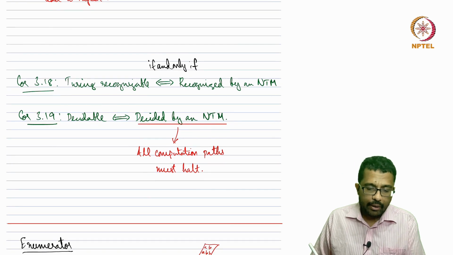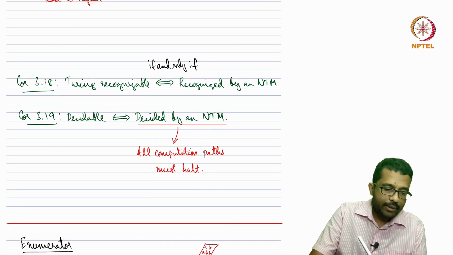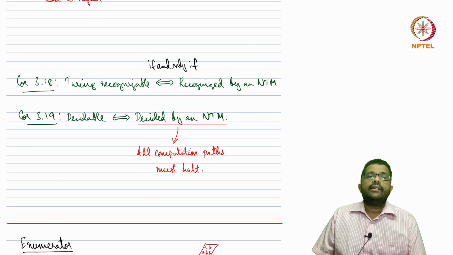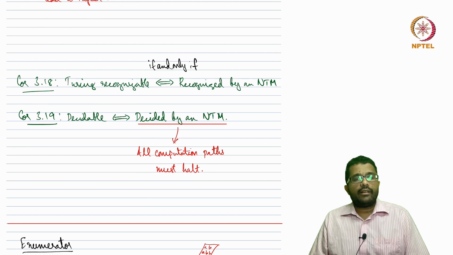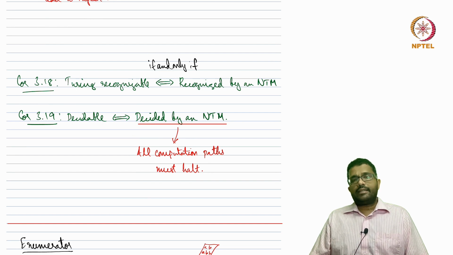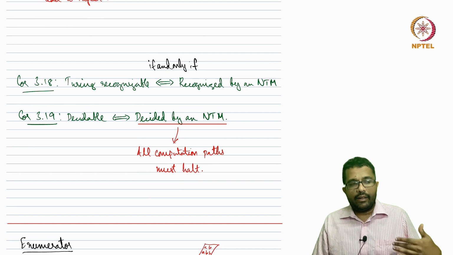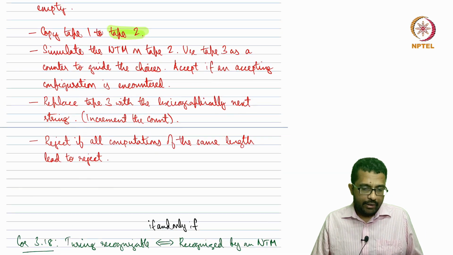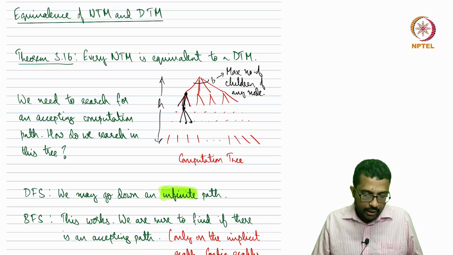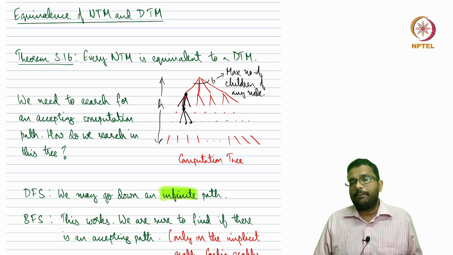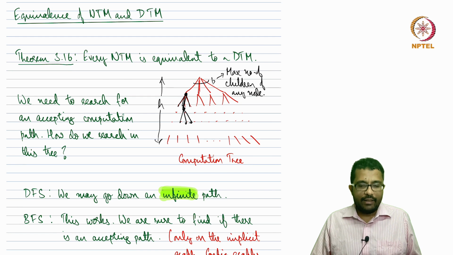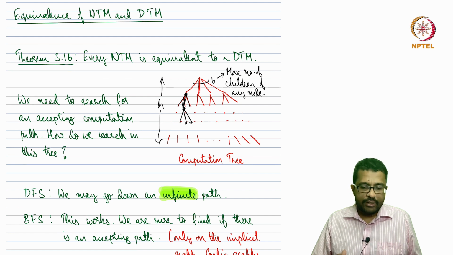All the computation paths must halt in a non-deterministic decider, right? So we said that a decider is something where for every string the computation halts. There is no looping. But in a non-deterministic Turing machine, even for one string there are many computation paths. So when do I say a string is decided by a non-deterministic Turing machine?